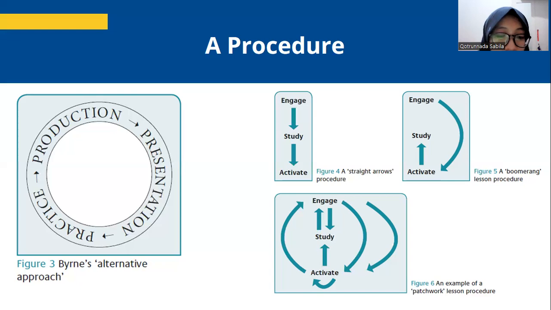Patchwork lessons in figure 6, which are different from the previous two procedures, may follow a variety of sequences. For example, English students might be encouraged to activate their knowledge before studying one and then another language element, and then returning to more activating tasks, after which the teacher engages them before doing some more study, and so on.